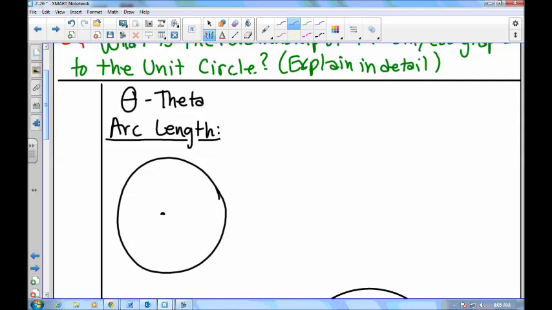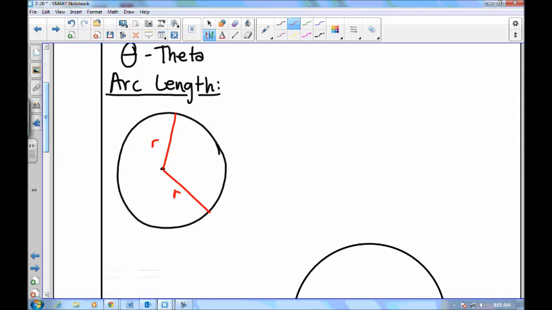All right, in a circle, from the center to the edge of the circle, Gentry, what's that called? A radius, good. So we're going to mark it R. And if we have two radii, kind of making it look like Pac-Man, it creates an angle inside of the circle. And the measurement of that angle is theta.